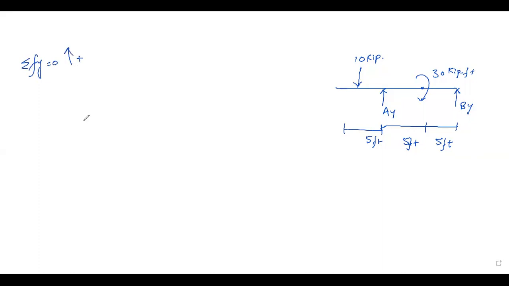Here we have 10 because we have a UDL of 2 and a distance of 5, so 2 times 5 equals 10, and it acts at a distance of 2.5. So AY plus BY minus 10 equals 0.